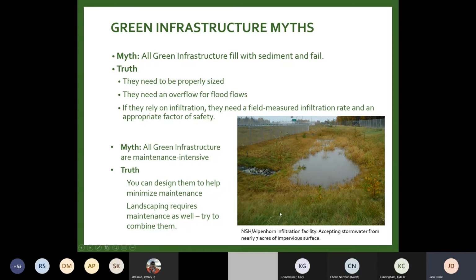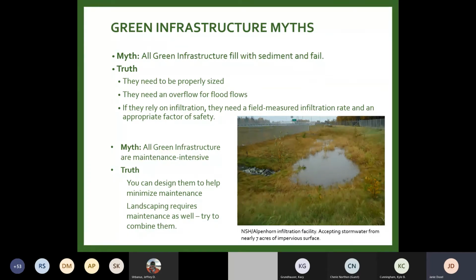On top of that, I visited this site during construction to try to come up with how we were going to monitor it for performance. So we actually installed instrumentation and monitored the performance of this infiltration pond for a couple of years.